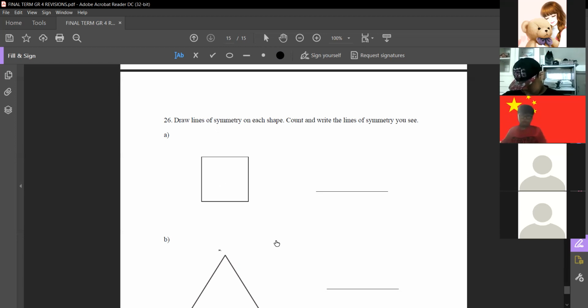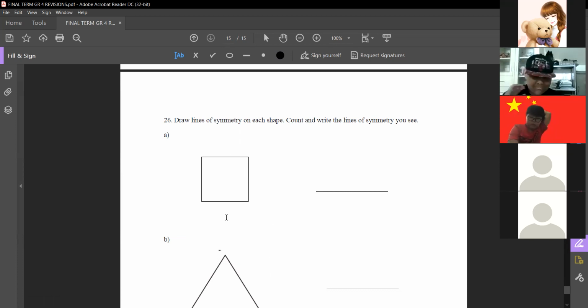Those who are writing the answer on a piece of paper, draw a square for me. Don't draw a terrible square. And grade 4 students, don't tell me how to draw a square. Just draw a simple square. Draw for me. If this kind of questions come out in your exam, the students who are using paper to write the answers, understand or not?